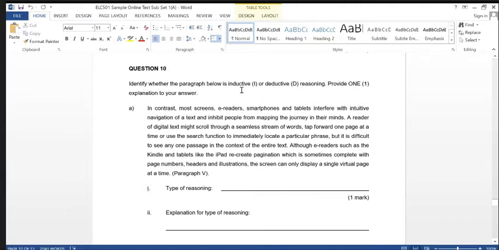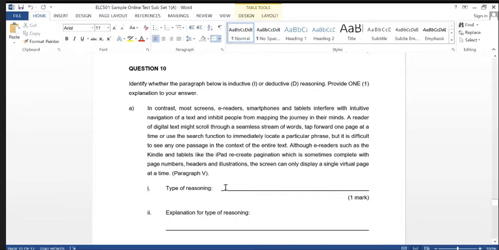So, inductive and deductive. Inductive is the organization of content in a paragraph which starts from specific content going to general content. In contrast, deductive reasoning is the organization of content in a paragraph which starts with general content going to specific content.